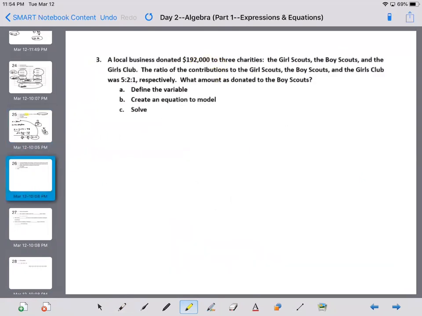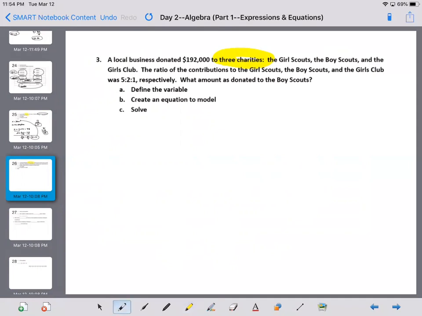Here we've got a local business that donated $192,000 to 3 charities: Girl Scouts, Boy Scouts, and the Girls Club. The ratio of the contributions to Girl Scouts, Boy Scouts, and Girls Club was 5 to 2 to 1, respectively.